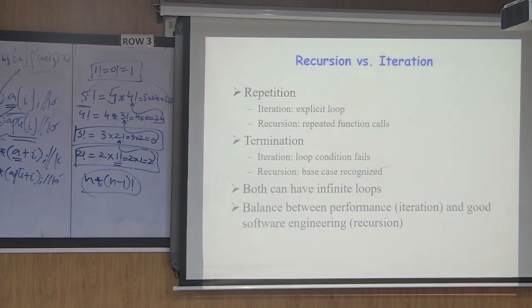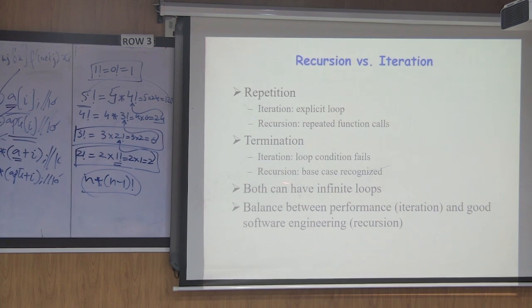Repetition has two forms: looping and functions calling themselves. We can exit from both. If it is looping, the condition fails, we are out of the loop. In recursion, if we have the base case like this over here, we are out of the recursion. Now next is the answer way backs up and solves the entire problem.